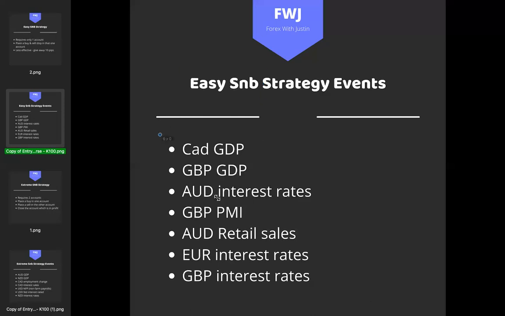Now, the reason why it's this list is because these events, in as much as they are powerful as compared to other news events, sometimes they move, sometimes they don't move. So the AZSMB is for the times when they don't move, because when they don't move, you don't lose anything. But when they move, you make it, just like that.